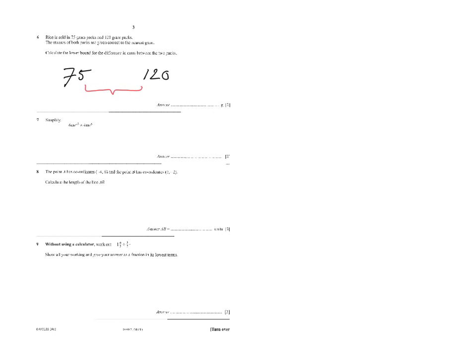So what do I mean by that? I have to take the upper bound for the 75 and the lower bound for the 120 to get the lower bound for the difference. So do not just automatically calculate the lower bound of 75 and the lower bound of 120. No, the upper bound of the 75 and the lower bound of the 120 are going to give me the lower bound for the difference.